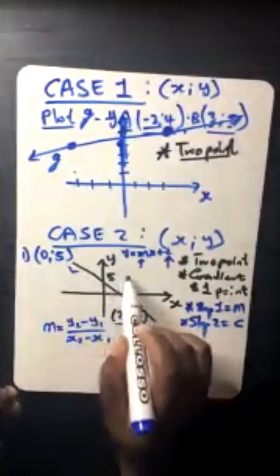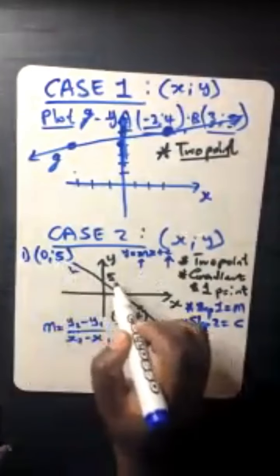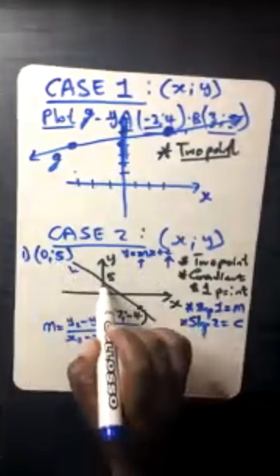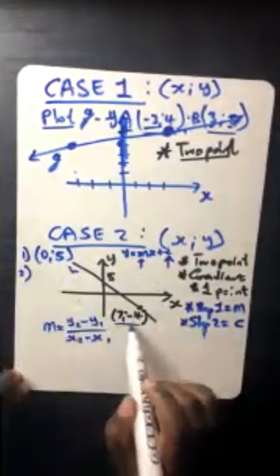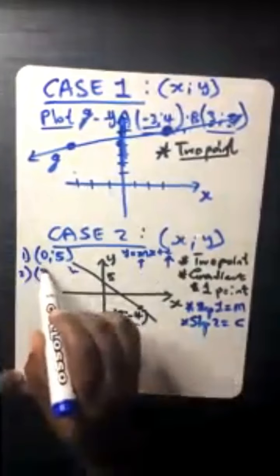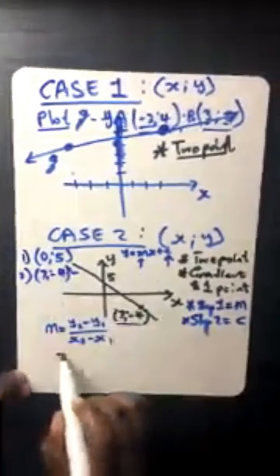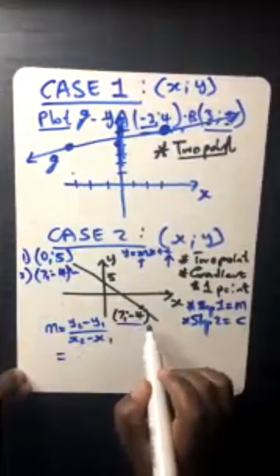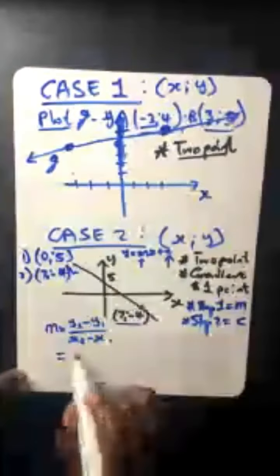They don't have to write that point in brackets. At that point, x is 0. So point number 2 is 7 and negative 4. Let's say this is our second values, this is our first values.